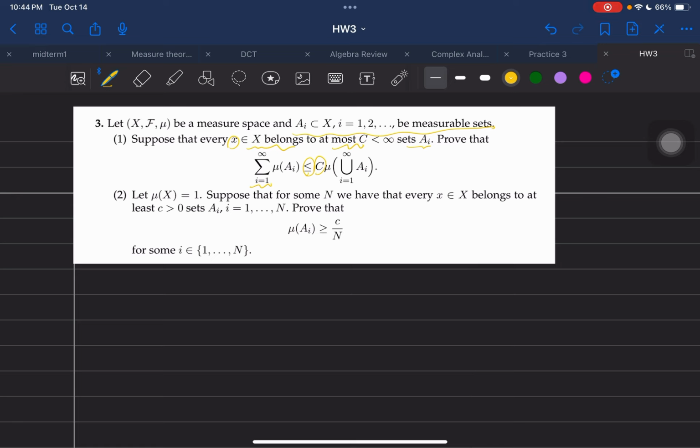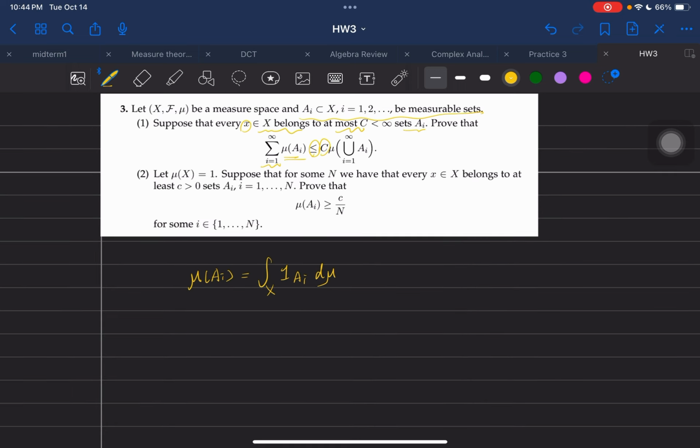In order to deal with the measure of AI, remember the measure of AI is essentially the integral of the indicator function of AI. So the summation of those mu AIs would just be the summation of each indicator function.